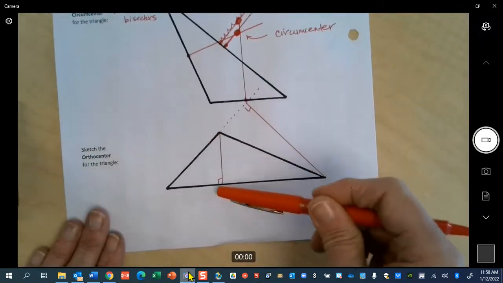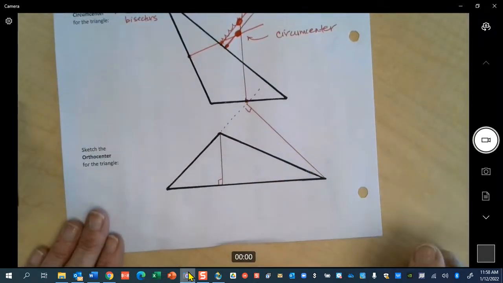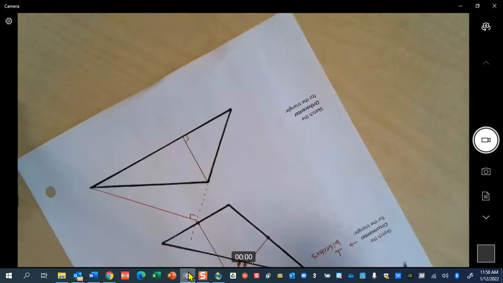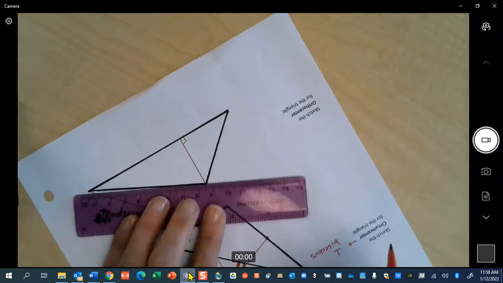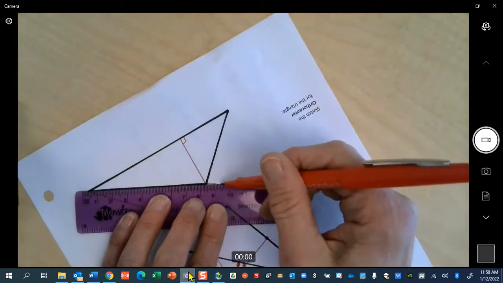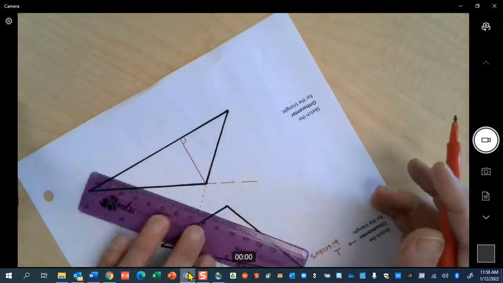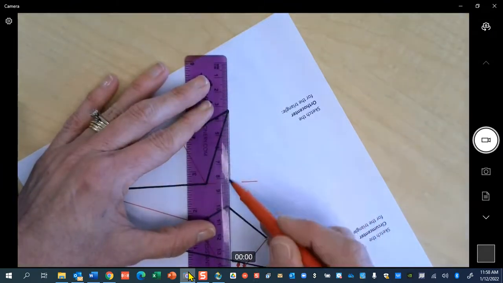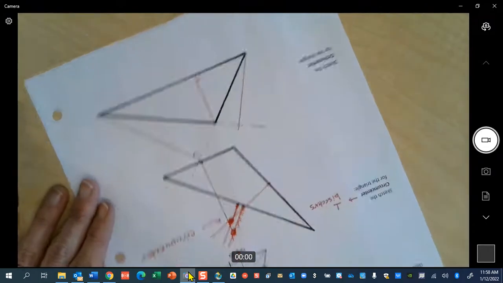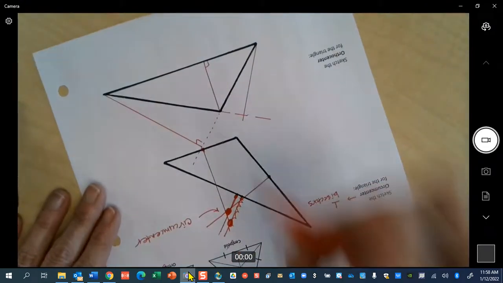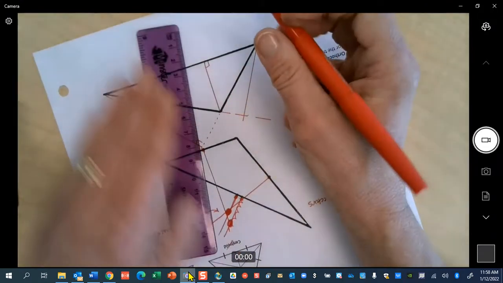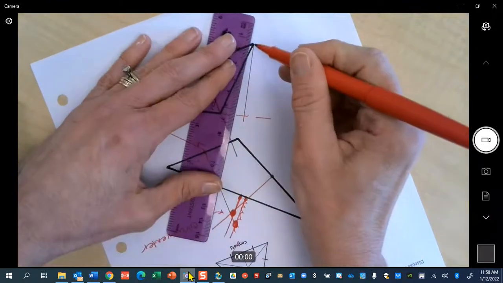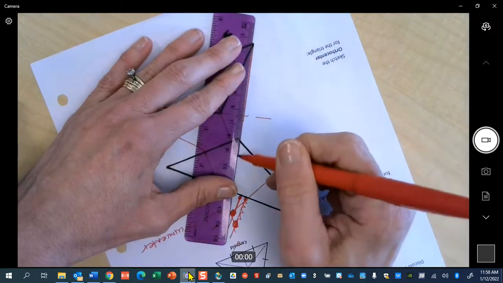From this vertex down, it's outside of the triangle. And when I talk about this vertex, I have to extend and look at a perpendicular line.